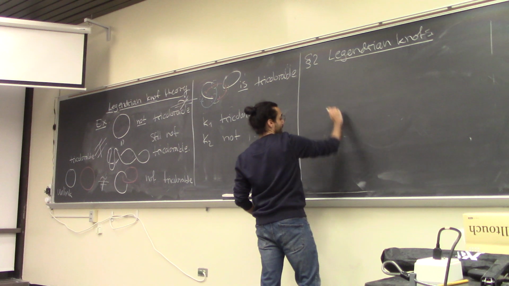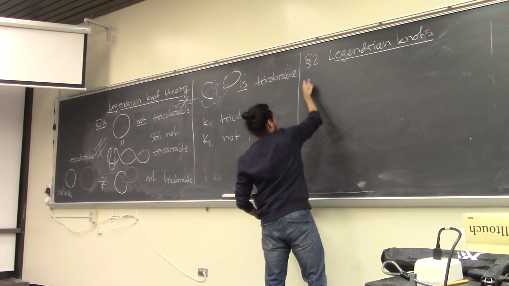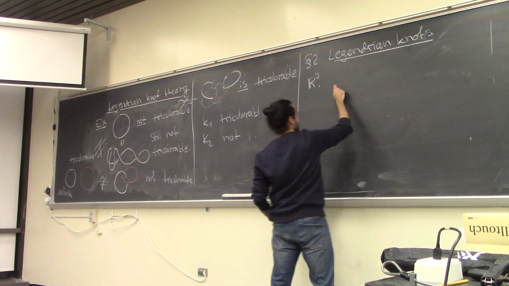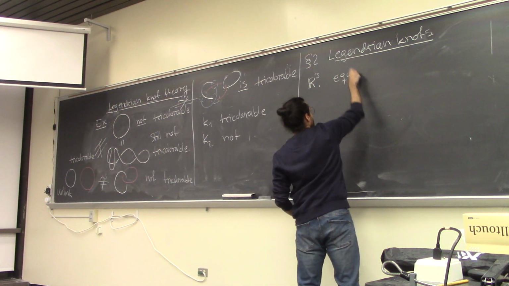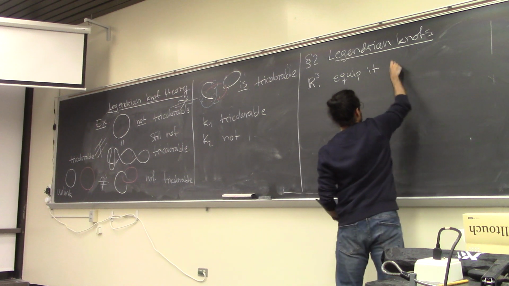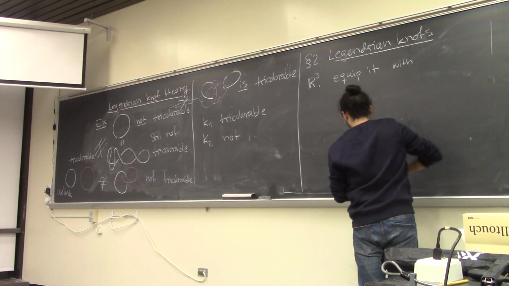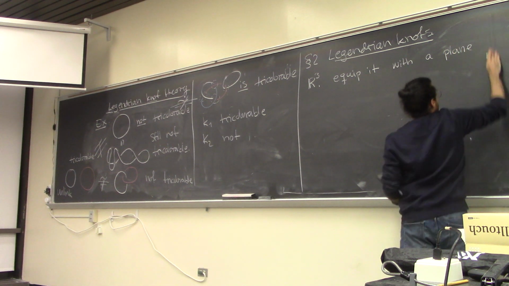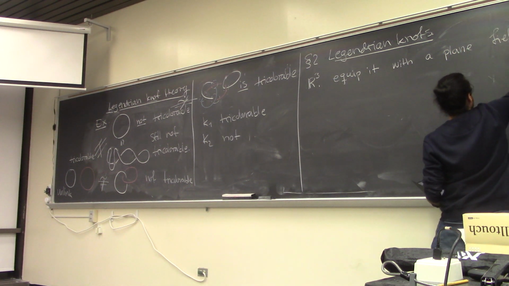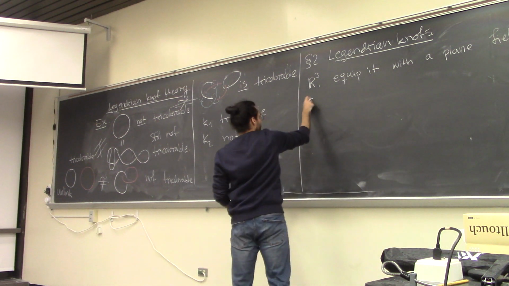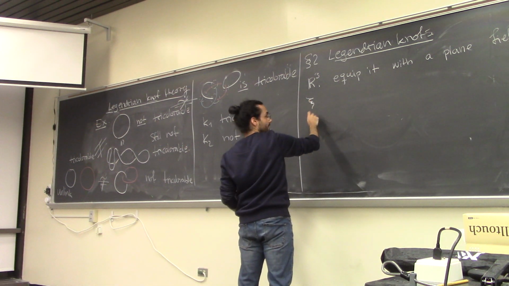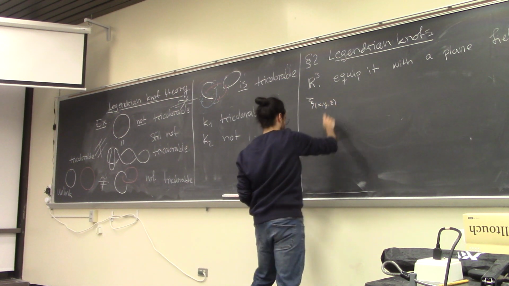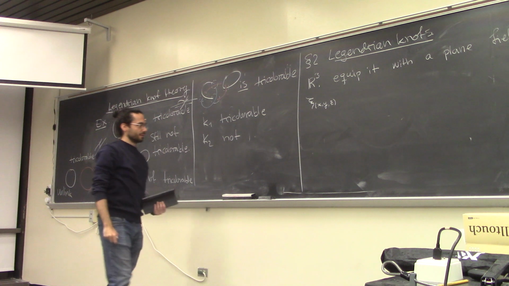So I will tell you what we're going to do now. We're going to take our three-dimensional Euclidean space and equip it with a plane field, which I'm going to denote by C. Our plane field is sort of like a vector field.